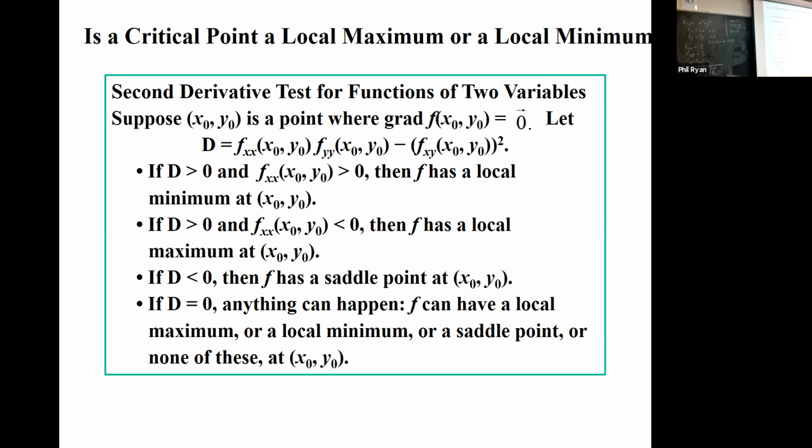Wait, so on the first one, you have fxx equals 2, fyy equals 2, and how is it 0 on that one? On this one, take the derivative of this with respect to y, it's 0. Take the derivative of this with respect to x, it's 2. Take the derivative of this with respect to y, it's 2. Take the derivative of this with respect to y, it's 0. Take the derivative of this with respect to x, it's 0.